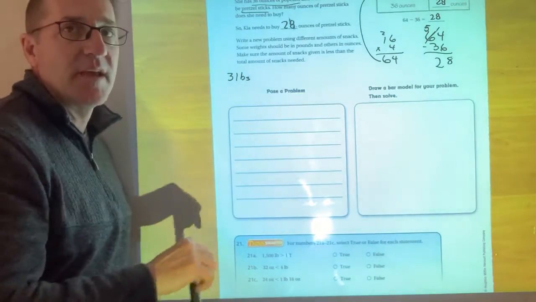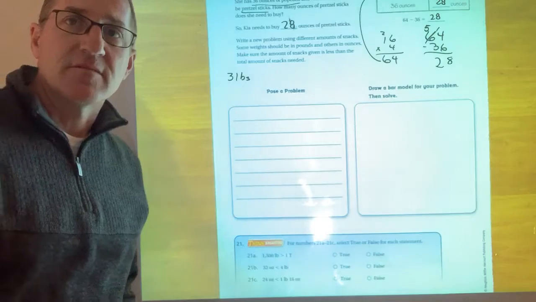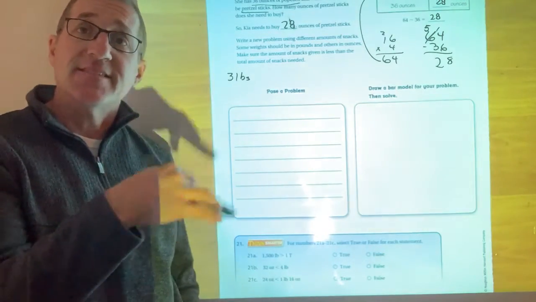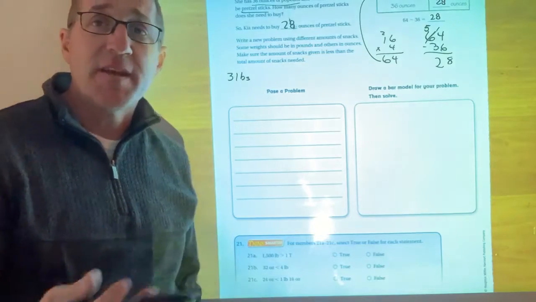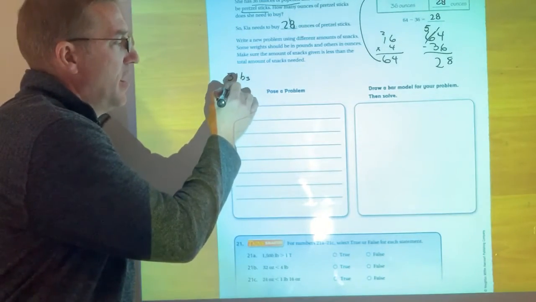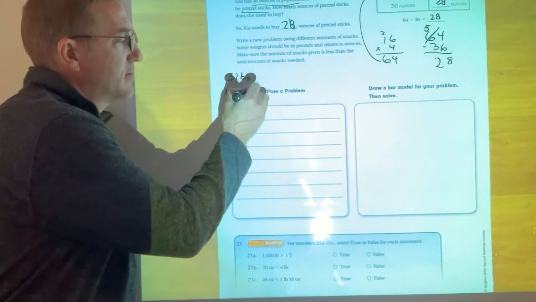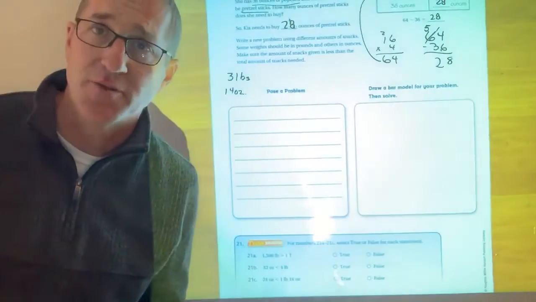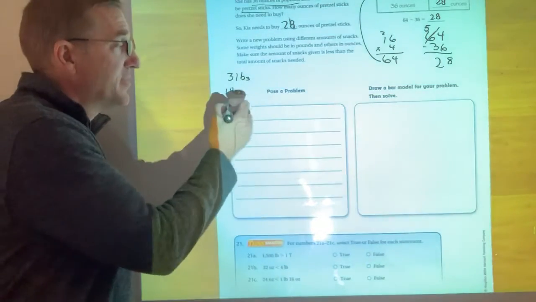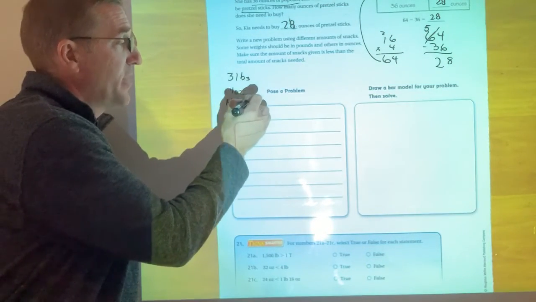Then how many ounces do they have already? It's got to be less than it would be for 3 pounds, so just make a small number. I'd pick something like I've already got 14 ounces. That's less than a pound, so we should be good. Then I'm going to ask, how many ounces do I need?